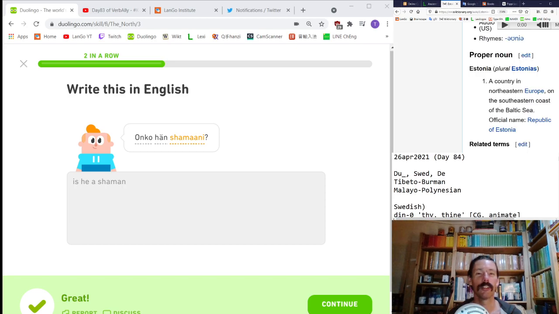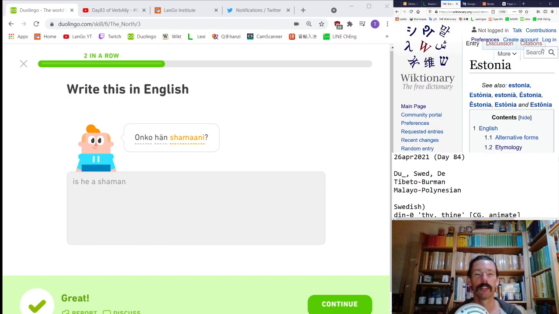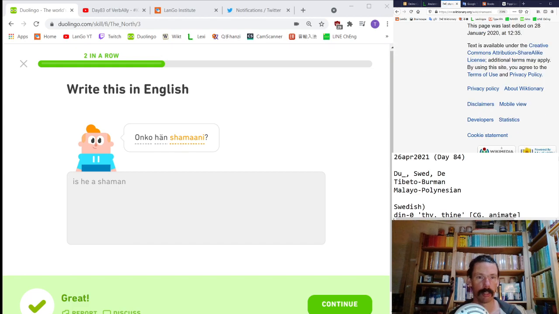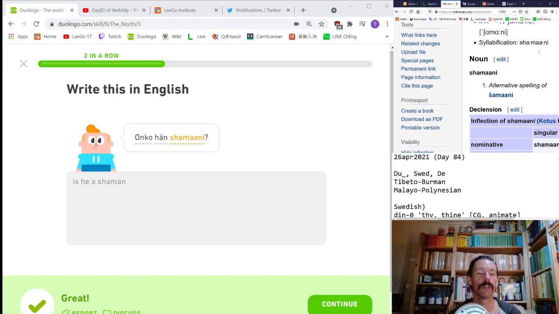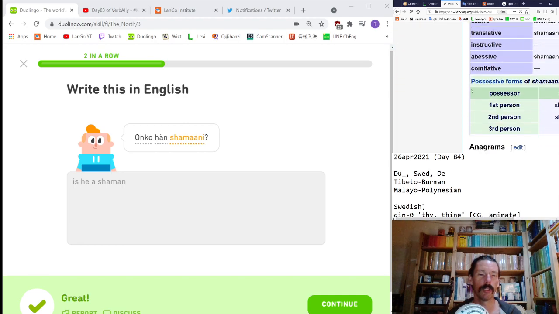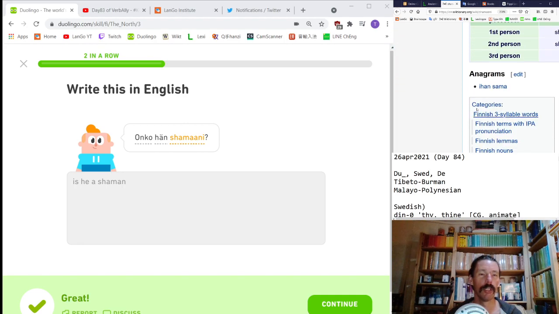How intriguing. Oops, got that. Shamani. Okay, there was an S modified by a hacek to write sh, apparently, in Finnish at some stage.